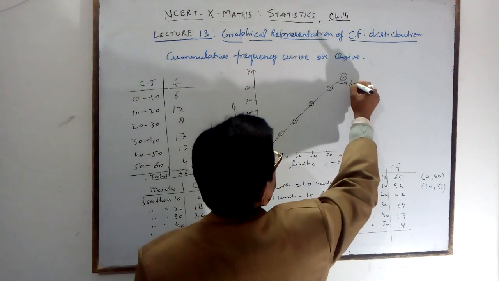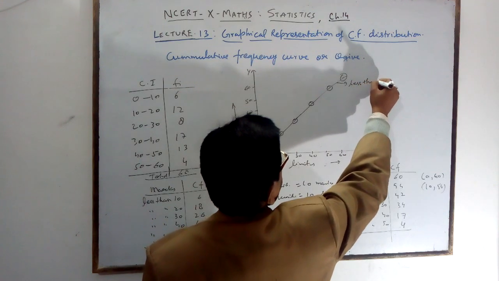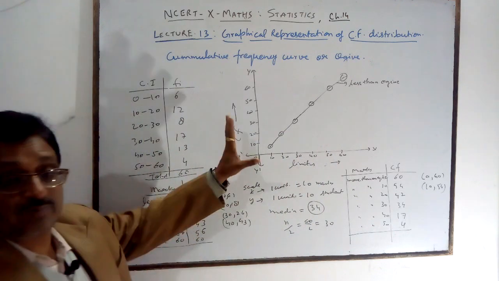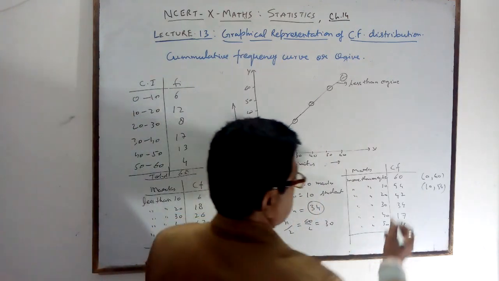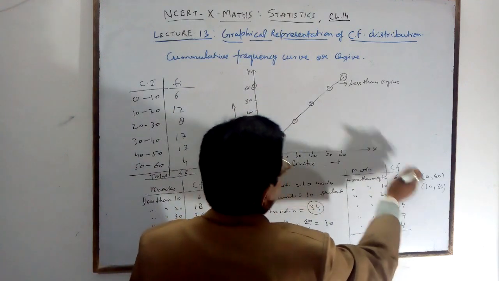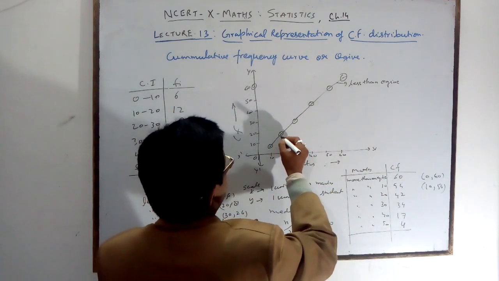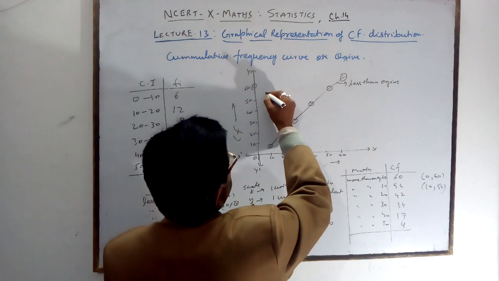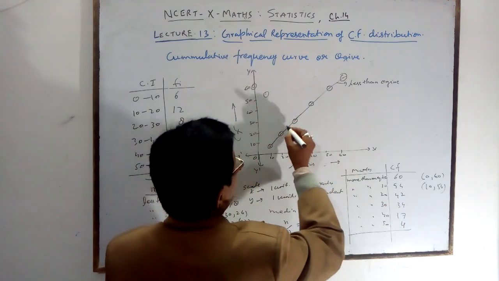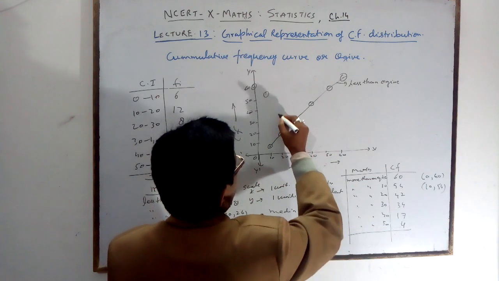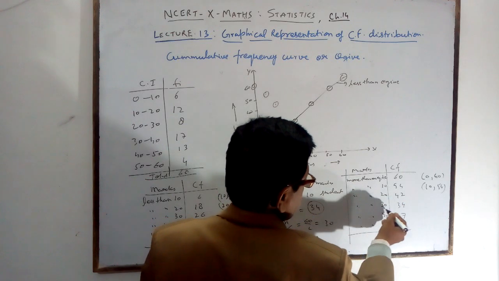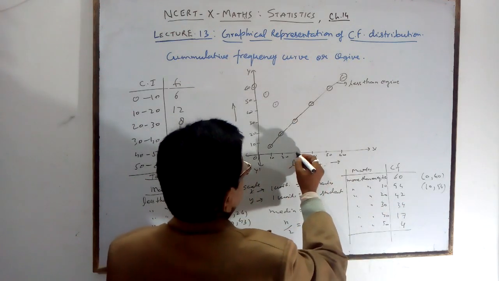It is a less than ogive, you write down. Now in the same graph, you draw the more than also. 0, 60, 10, 54. This you are getting. And 20, 42. Then 30, 34.